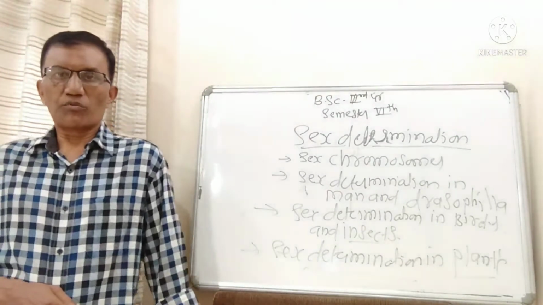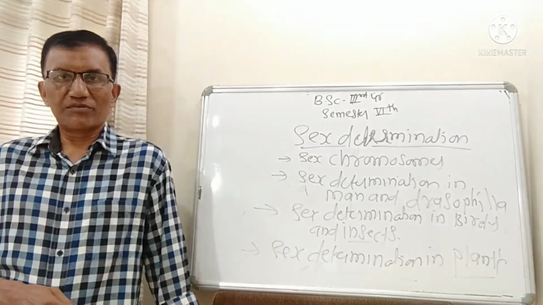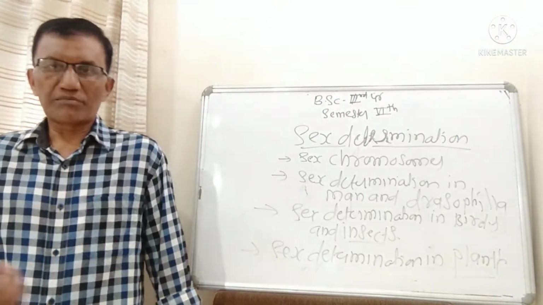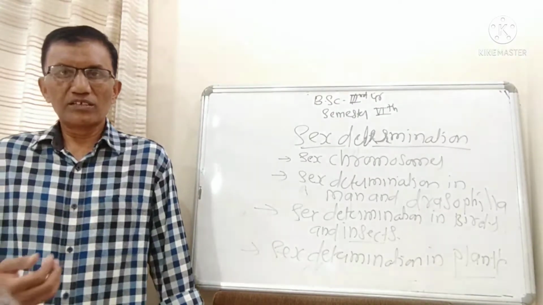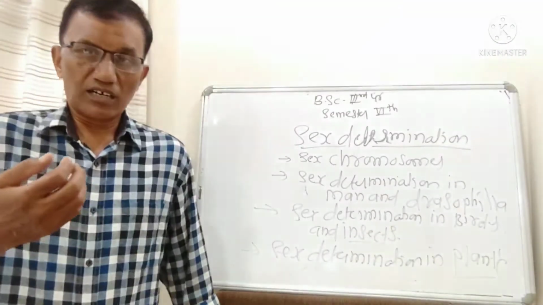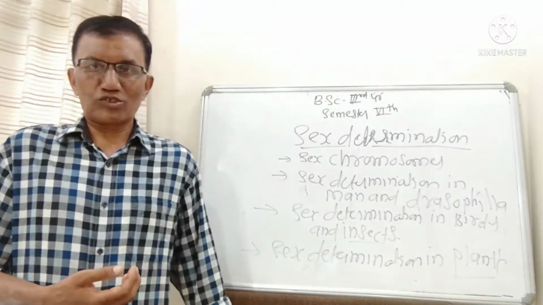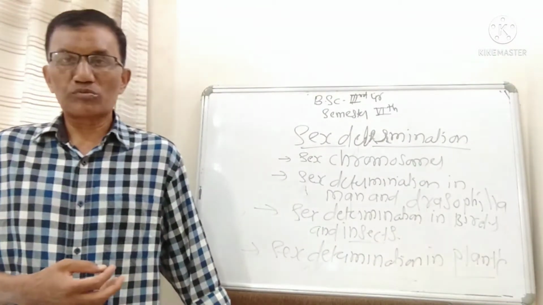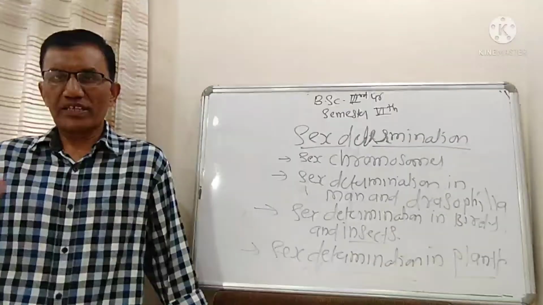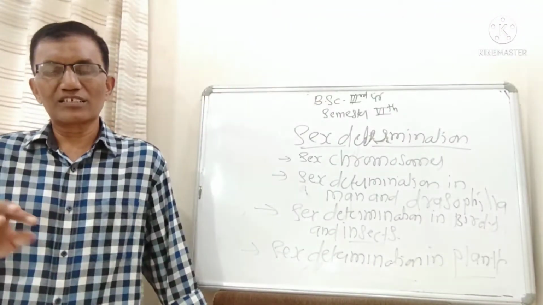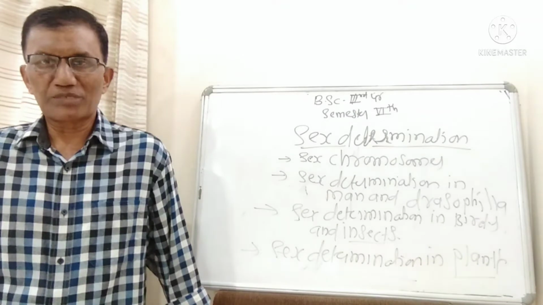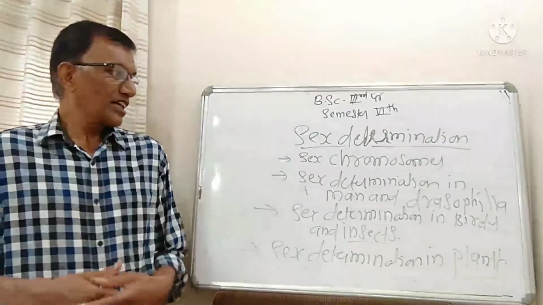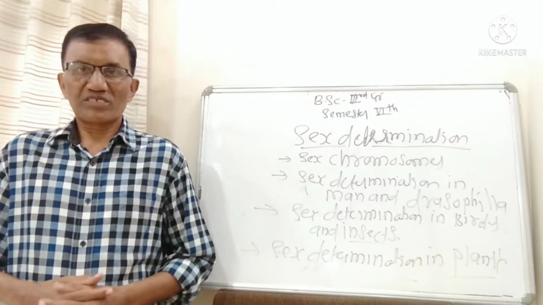Then 0.6 to 0.8 is an intermediate female, and 0.5 is a male. So according to the genic balance theory, the Y chromosome is not considered in determining the maleness of that particular individual.